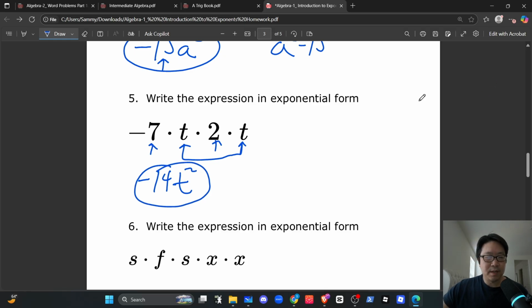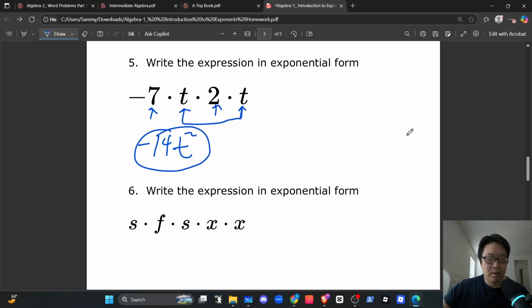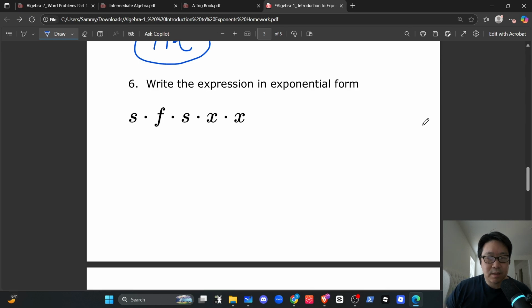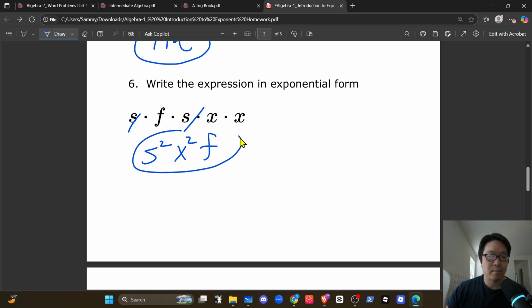So negative 14t squared. Number 6, again, just count up your variables. So here we have s squared, there's 2 of them. And then there's 2 x's, so x squared, and then f. And that's your answer.